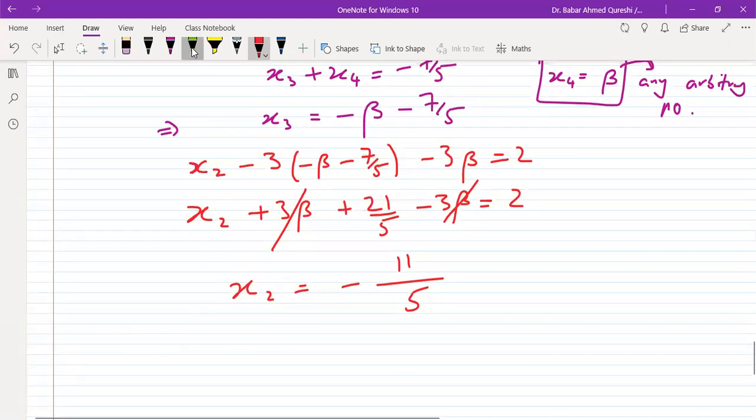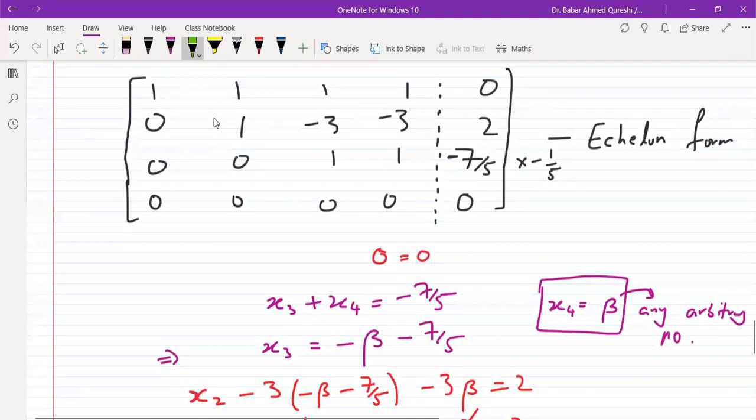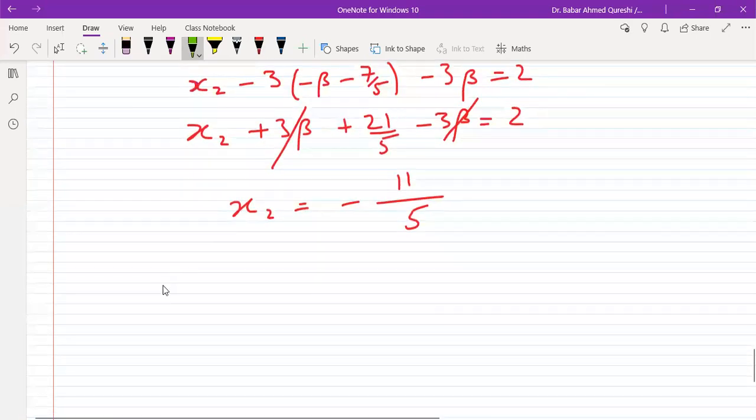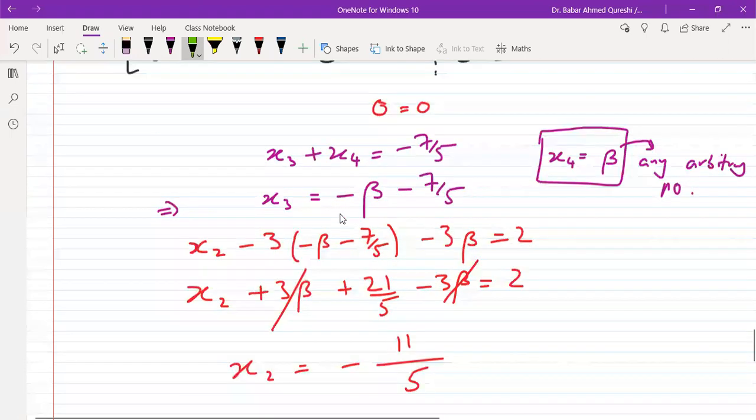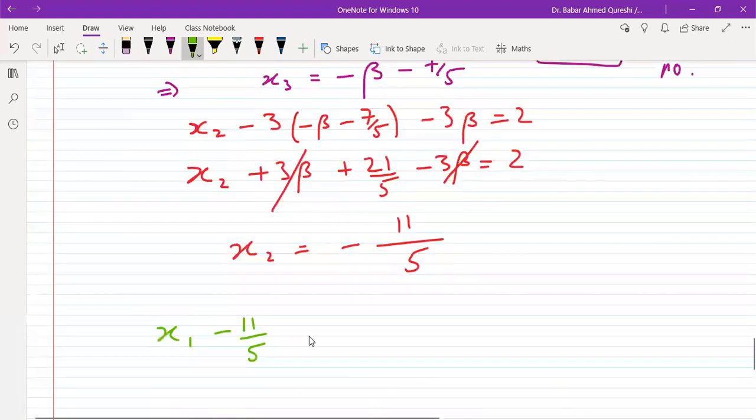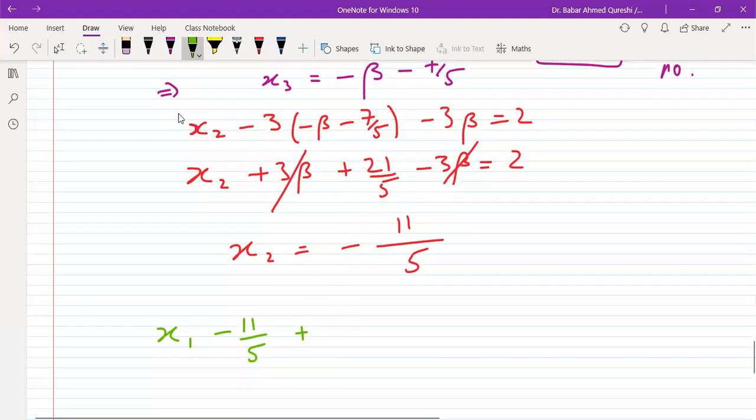Similarly, you can find from this equation x1 plus x2, x2 is minus 11 over 5, plus x3, which is minus beta minus 7 over 5, plus x4, which is beta, is equal to 0.